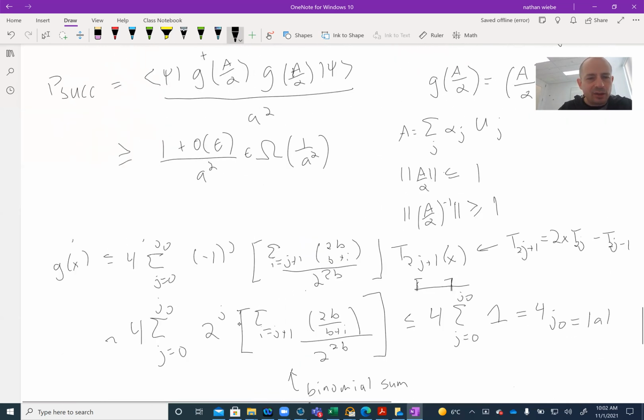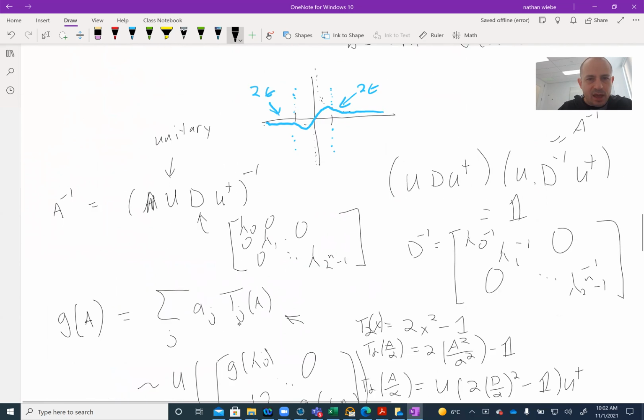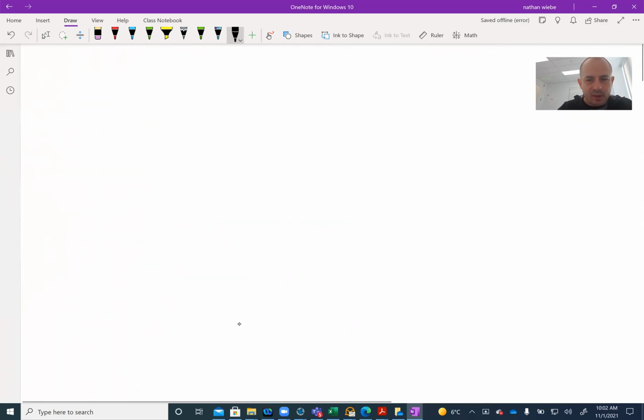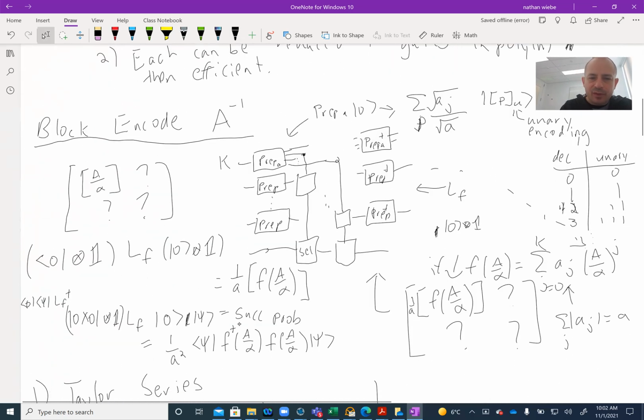Now let's go back and look at what LF ends up looking like. So if we jump back, LF is this creature here, where we needed J0 different polynomials. So the number of different registers that we have here is the degree of the polynomial, which was J0 here. For every one of these registers, we've got a different prep.